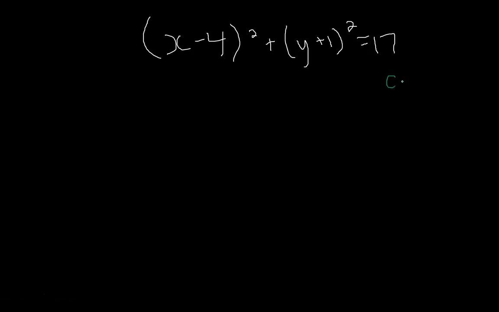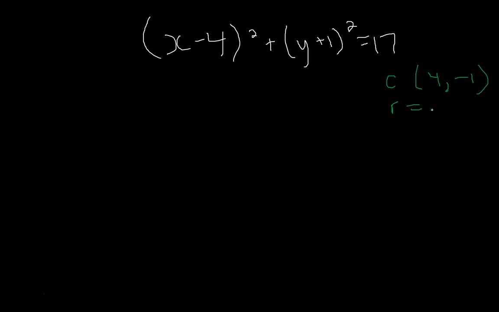Okay, hold on, wait. So we have the center, so I'm just going to put C: 4, -1. And what do you get for R? 4.1. But it's not exact. So what's the exact one? Would it just be 4?